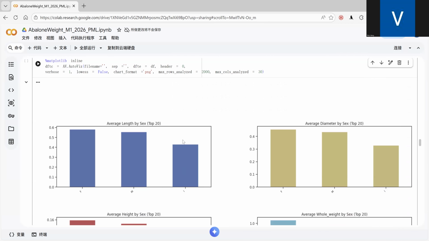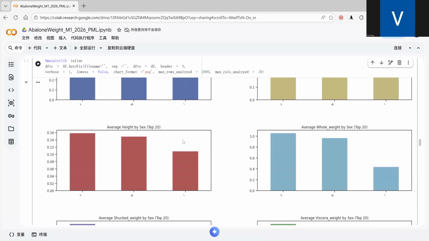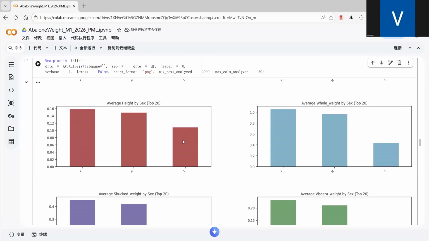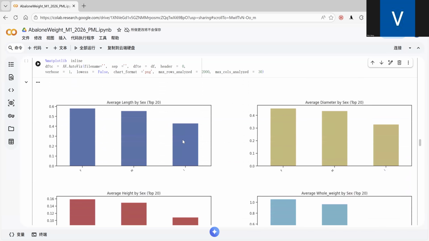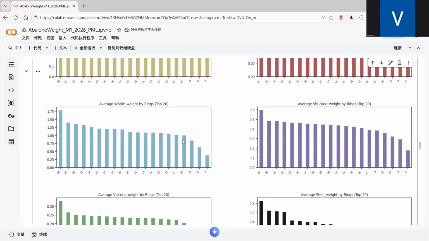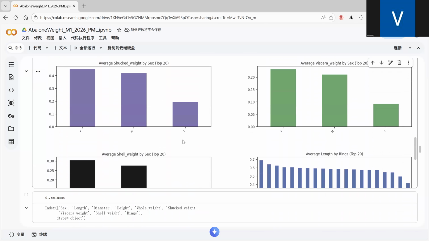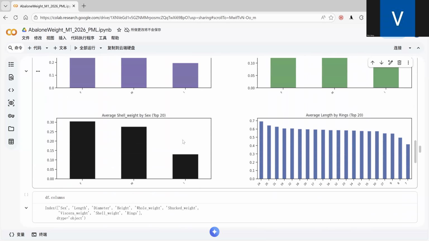Here is a bar plot of continuous variables by sex and by rings. By sex, males and females are often older than infants.